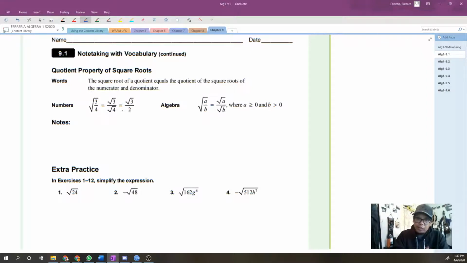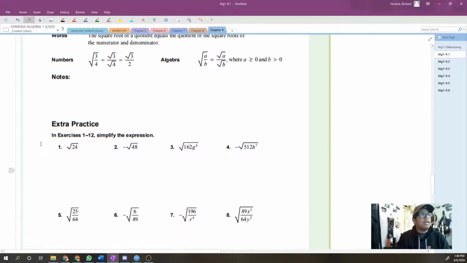Let's take a look at these extra practice problems, and we'll start with the square root of 24. It's always handy to have the list, so I'm going to write the list of perfect squares. And then we'll say, what's the biggest one of these numbers that divides into 24? Okay, so we usually start reading from the bottom of the list, or the biggest numbers. We can start at 16.